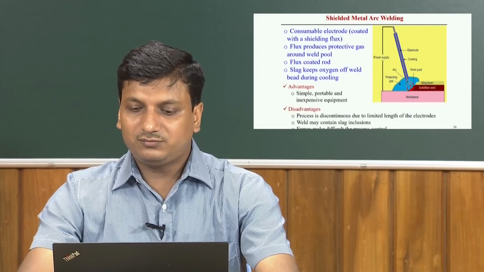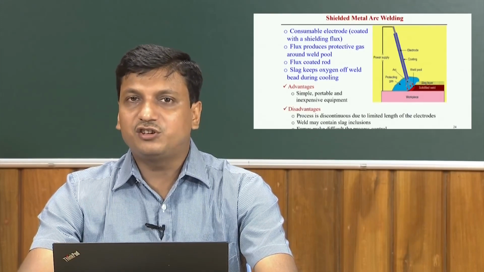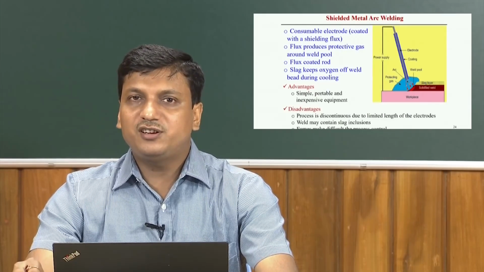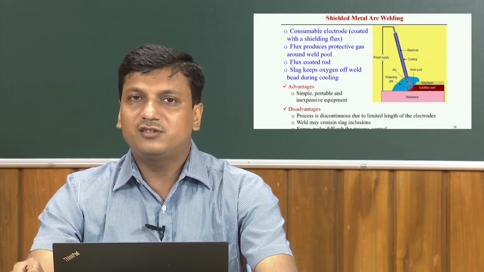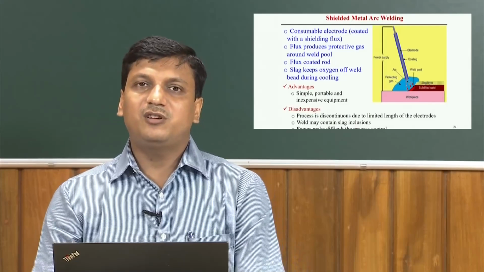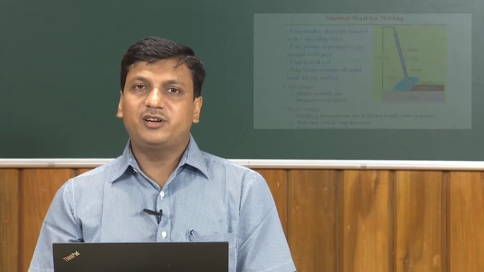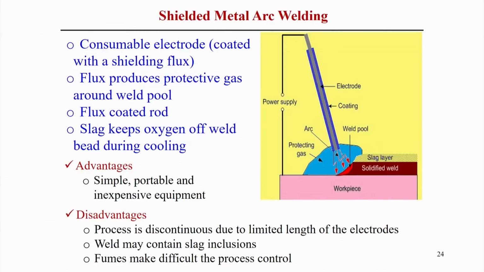But here the choice of the electrode depends on the material we are trying to weld, because electrode material is also an important factor. The choice can be made according to the metallurgical compatibility of the electrode material to the base material. Based on that we can choose different types of electrode material.